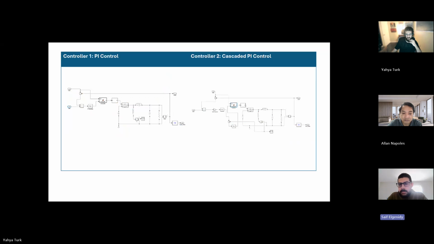And the difference here in the cascaded PI control, which is our second control method, in this approach, 2 control loops are used.